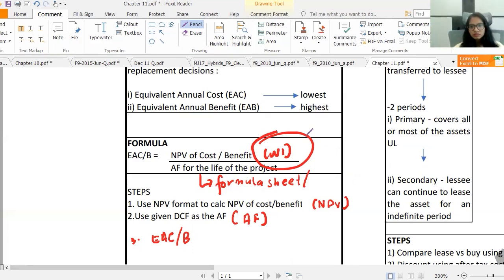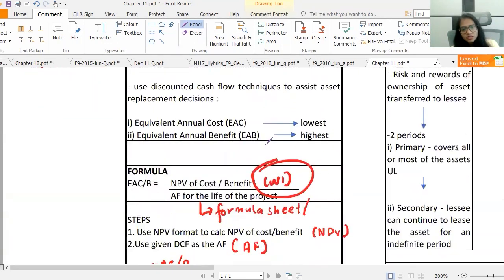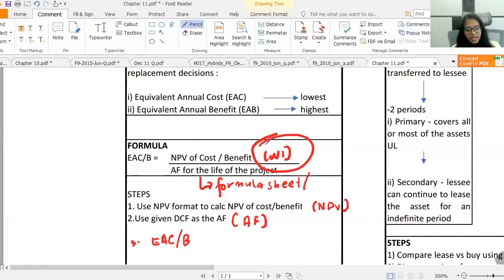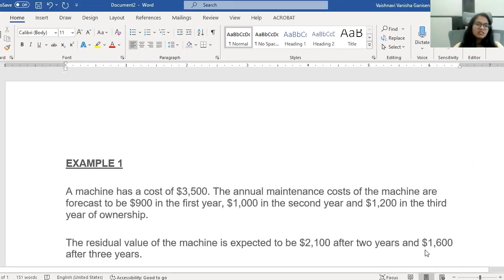Now, without further ado, we can do one example for us to enhance our knowledge here. I'm going to share my screen. Yes, okay, so guys, this is from the technical article.